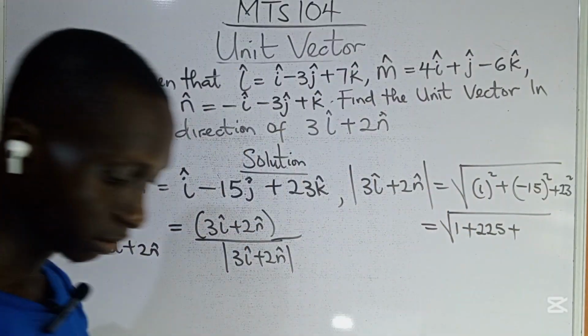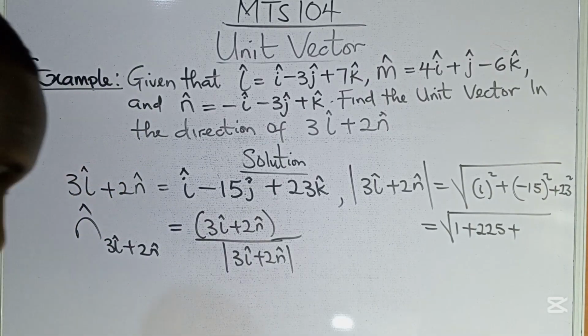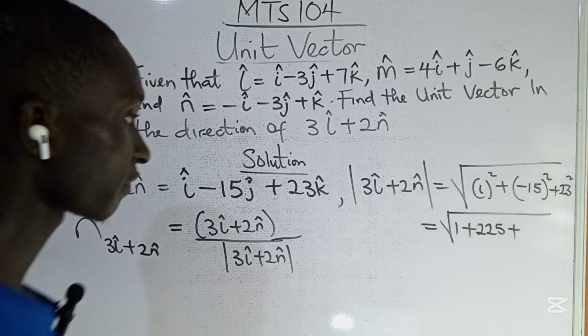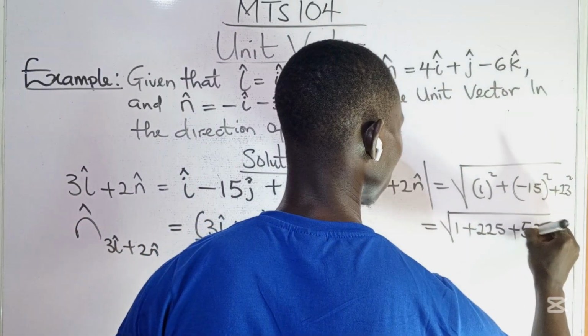Let's take a calculator and do that. 23 squared is 529.